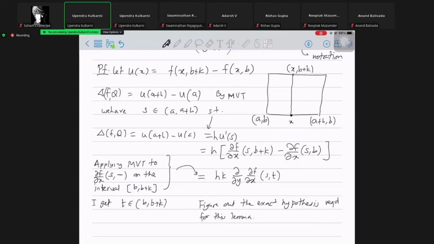So certainly it is enough to have del f by del x, del f by del y, and del by del y of del f by del x exist. This is correct, right? Because those were the only derivatives that we used over here.